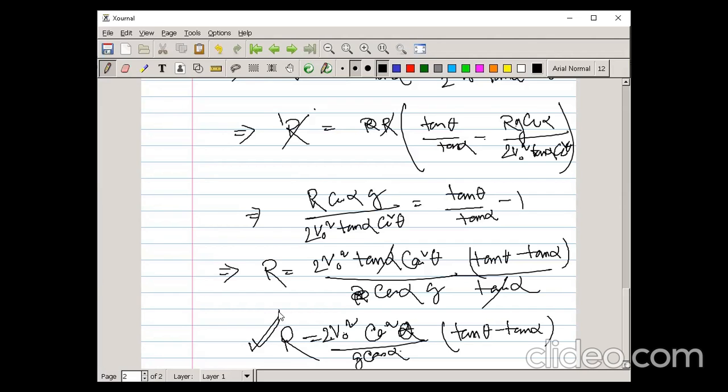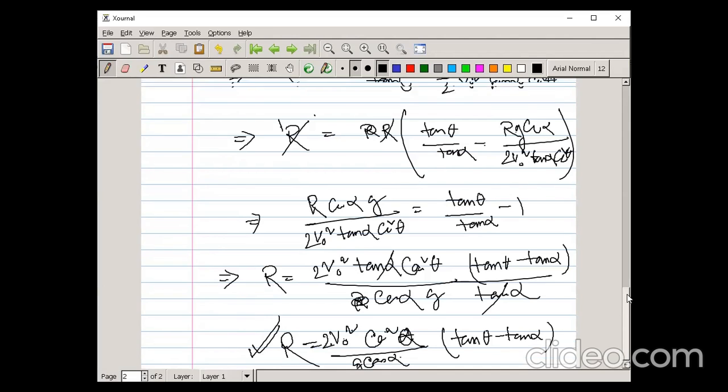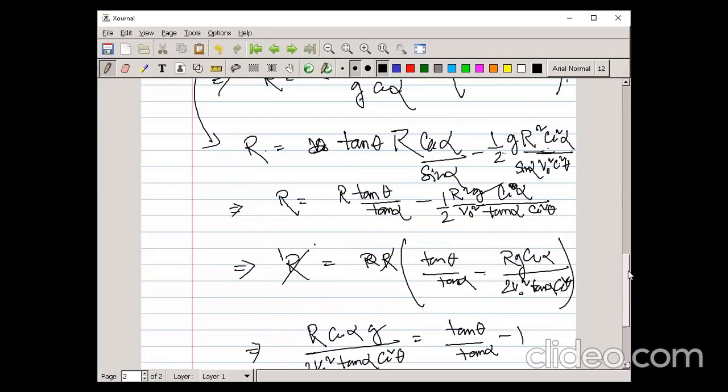Is it understood now? Is it clear now? Please reply at least. Is it clear now, or do I have to give the explanation again?